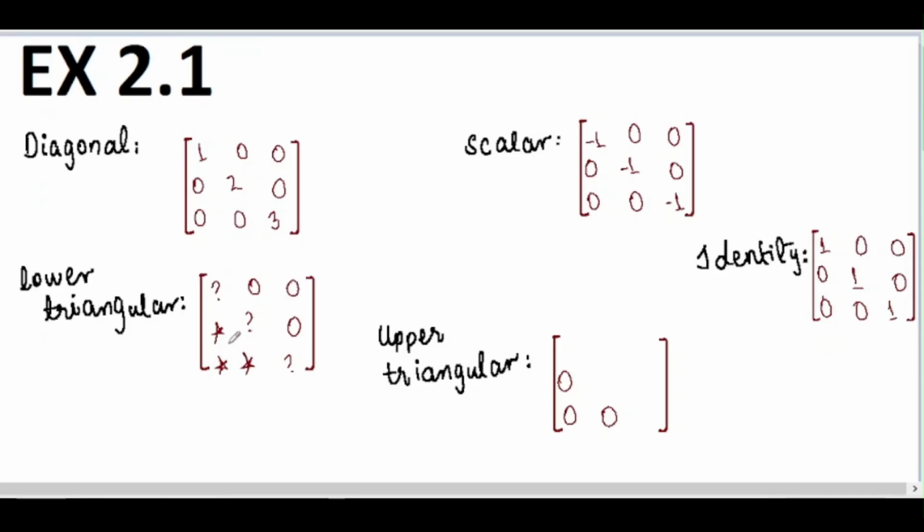Same goes for upper triangular. I'm drawing a question mark here and a star over here. Any one of these star elements must be a non-zero element, and any one of the question mark elements must be a non-zero element. The rest can be 0 and non-zero.